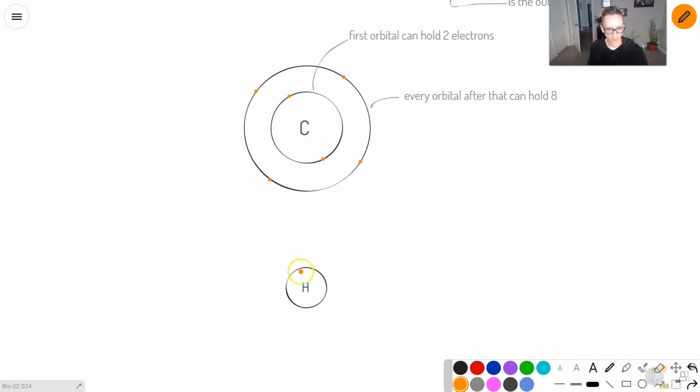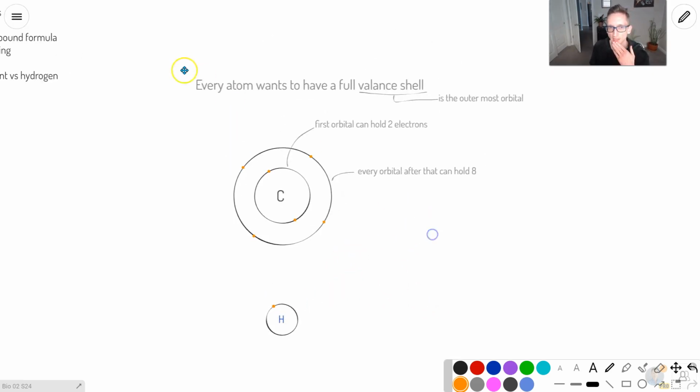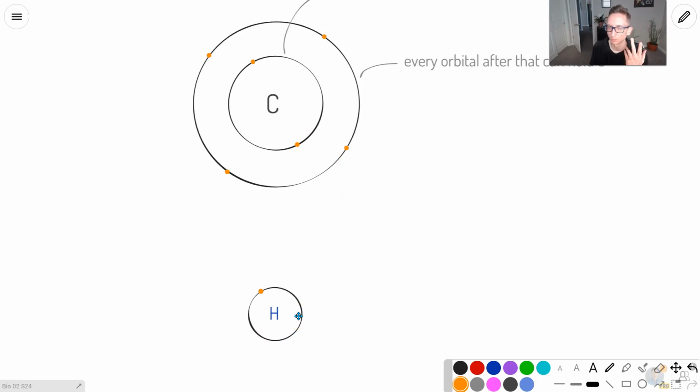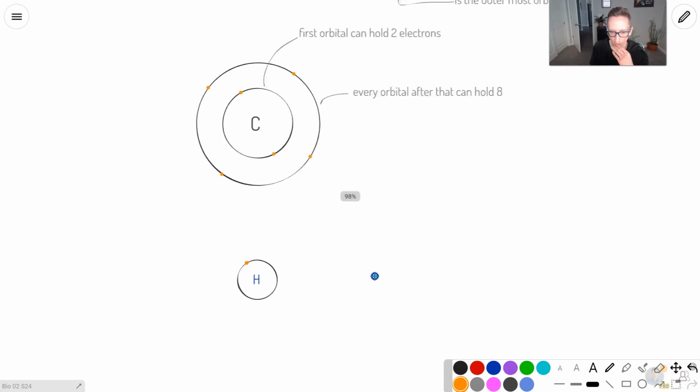So it's got 1 electron there. Every atom wants to have a full valence shell, its outermost shell. The first orbital can hold 2 electrons, 1, 2, and carbon's good there. Hydrogen only has 1 electron there, so it does not have a full orbital. So hydrogen is not happy that way, not happy at all.